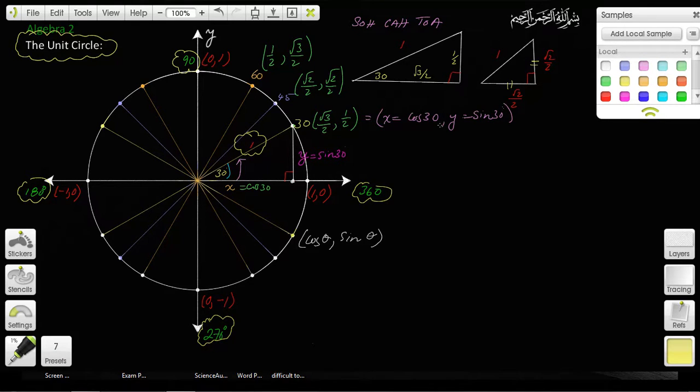This is the knowledge that you must master backwards and forwards, so to speak. The other angles of particular importance to us are the 30 degree angle, 45 degree angle, and the 60 degree angles. We extrapolated from our knowledge of the 30-60-90 triangle and the 45-45-90 triangle. We derived each ordered pair that corresponds to these angles.